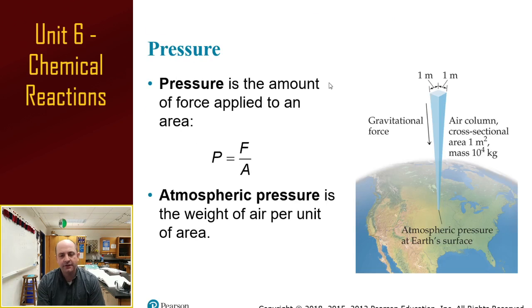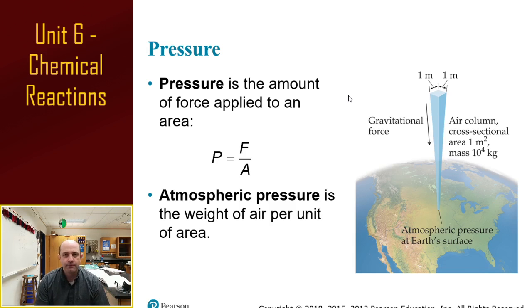All right, let's talk about pressure a little bit. Pressure, strictly defined from physics, is a force over an area. Here on the surface, we are living at the bottom of an ocean of air, and all that air on top of us is being pulled down by Earth's gravity onto us. Well, that's the force. And then we just have some area, maybe a square meter, maybe a square inch.